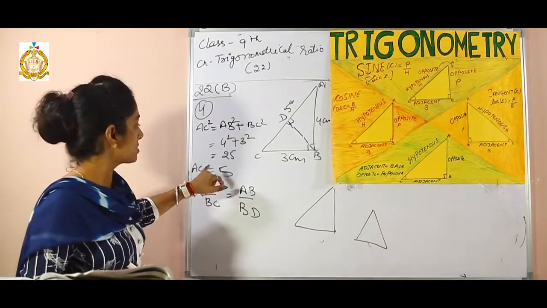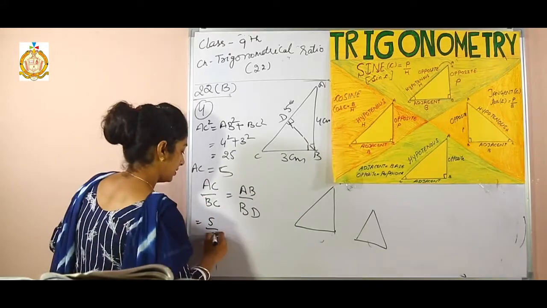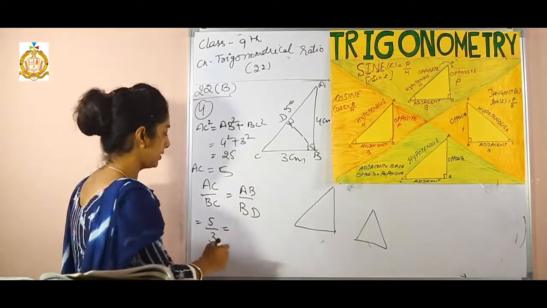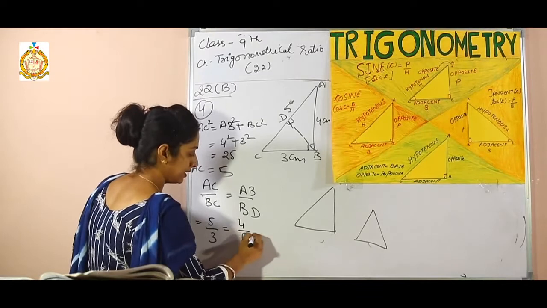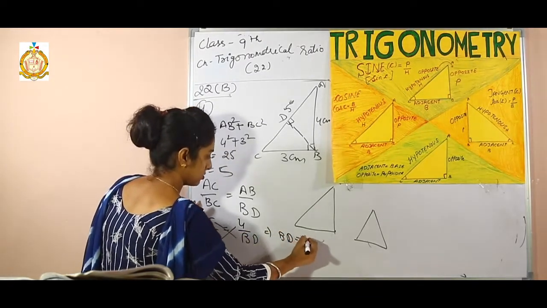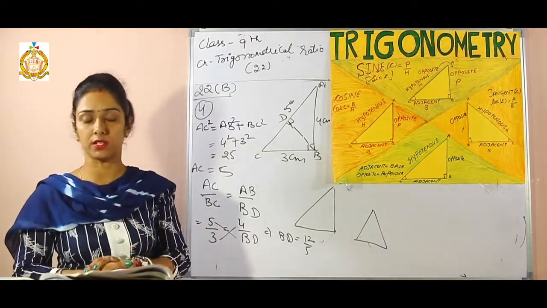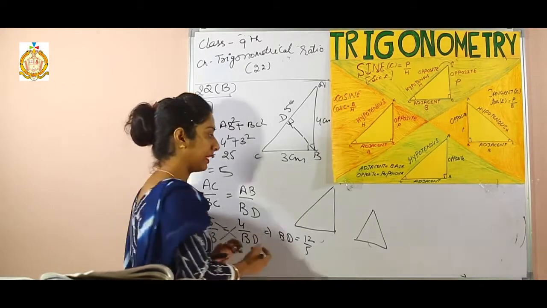Now AC is 5 and BC is 3 and AB is 4, and BD is, after cross multiplying, 12 by 5. BD is 12 by 5.